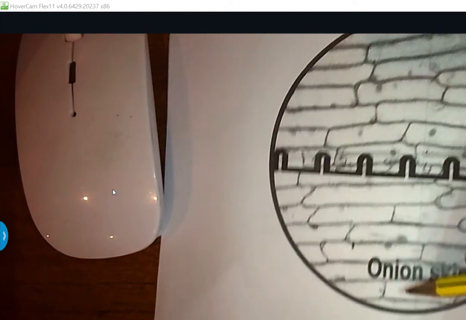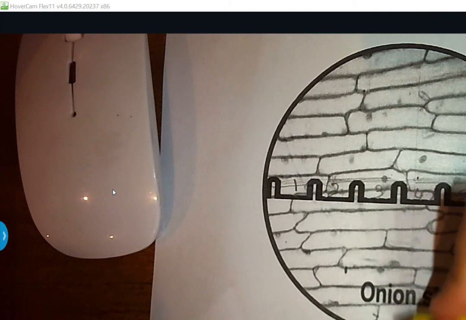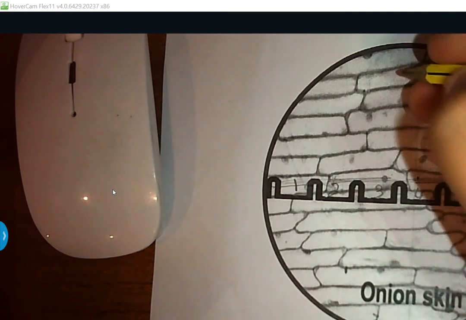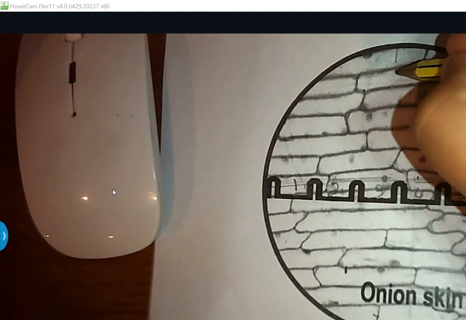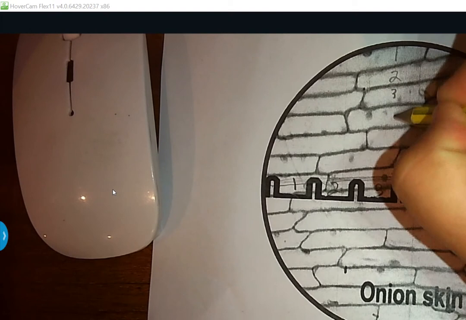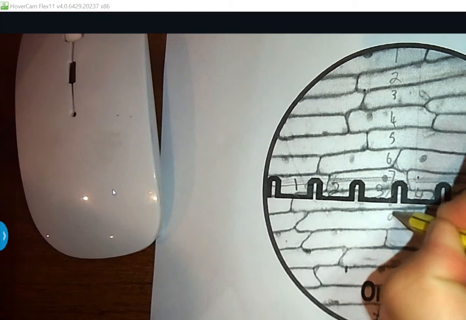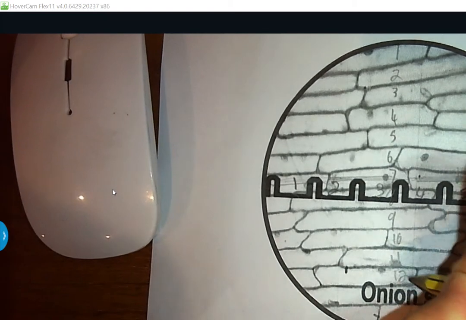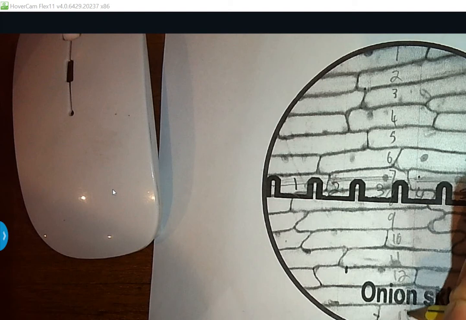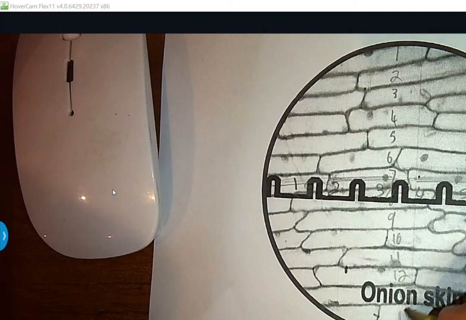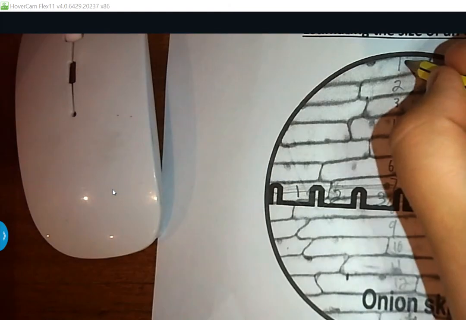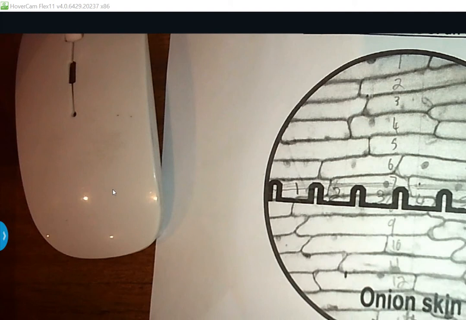But now we're trying to get the width, so let's try and guess how many cells you would need to stack up here. So I'm going to say 1, 2, 3, 4, 5, 6, 7, 8, 9, 10, 11, 12, 13, 14, and I'm going to stop at 14 because that's not 15, and I see there was half a cell at the top here. So I'm going to say it's about 14.